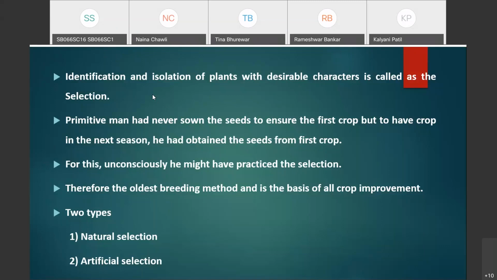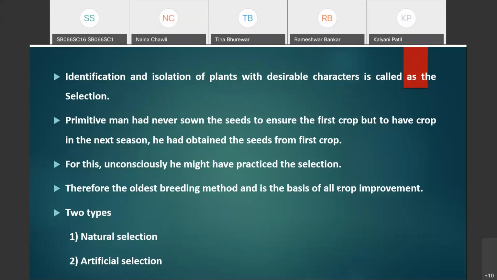Unconsciously, or we can say unknowingly, the primitive man practiced selection. He must have selected certain types of plants depending upon his need, that is, he must have selected plants for different plant parts, and unknowingly selection was practiced.